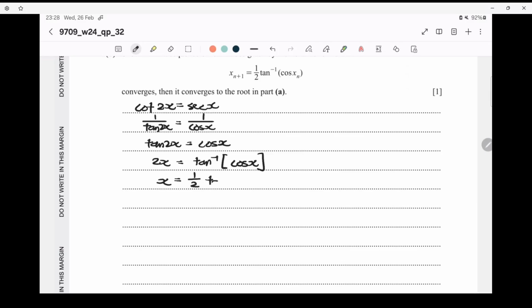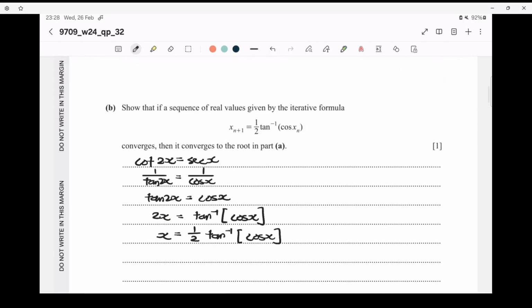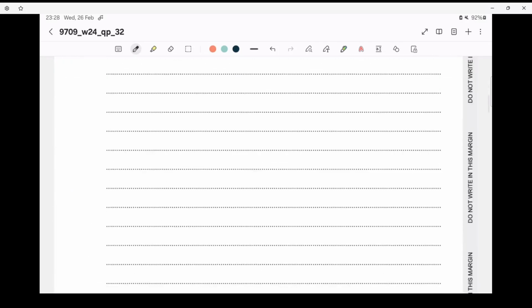So here you effectively show that the iteration formula given above is the same as what you have derived. So that's it. Yeah, there's nothing else to cover.